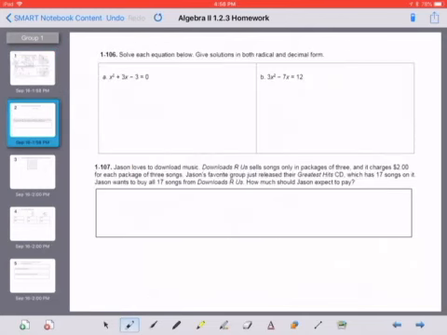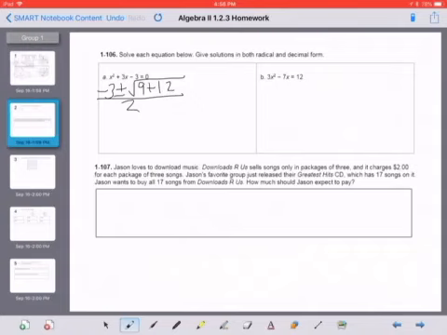Next problem said solve each equation below, give solutions in both radical and decimal form. Knowing that it wanted it in a radical and decimal, I inferred that I was going to use the quadratic equation. So in the first one, I'm going to get negative 3 plus or minus the square root of 3 squared, which is 9, minus 4 times a times 3. So 4 times 3 is 12, so it's going to end up being positive 12, all divided by 2.